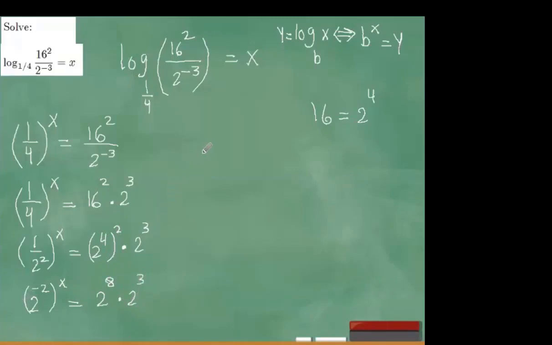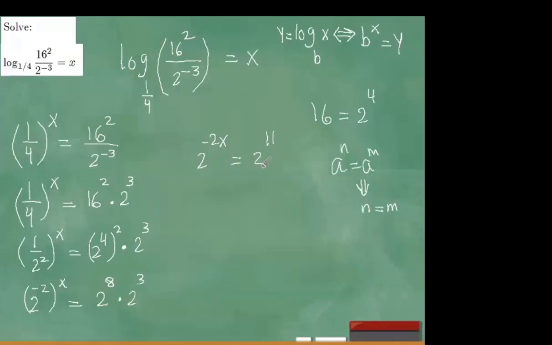So I get 2 to the power of minus 2x is equal to 2 to the power of, I'm going to add the exponents here, 11. So if a to the power of n is equal to a to the power of m, we can conclude from here that n must be equal to m.